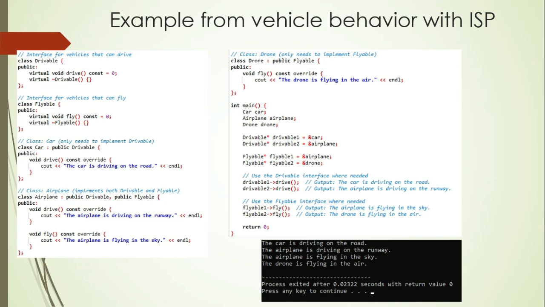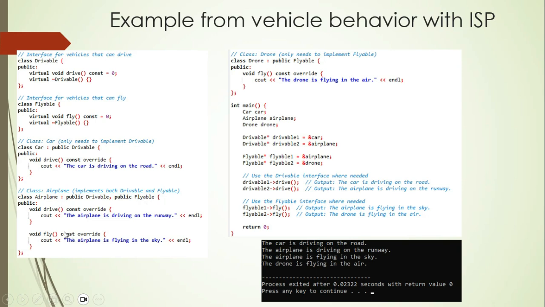And we see here we have class Aeroplane, which is derived from both Drivable and public Flyable. Why? Because an aeroplane can drive as well as fly, but a car cannot fly. On the runway you can see the aeroplane runs, the aeroplane drives on the road, but its main functionality is to fly.